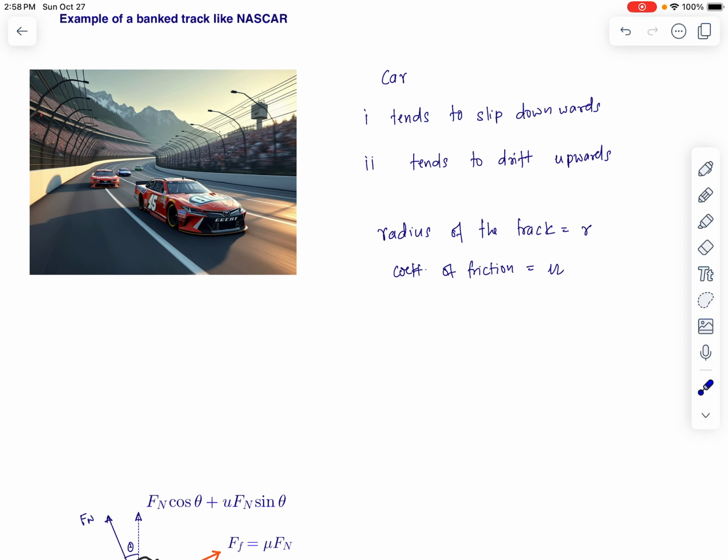If the car is going too slowly, it tends to slip down along the track, or it tends to drift up the track if it's going too fast. So there is a narrow range of velocities that are permitted for the car. We assume that the radius of this track is r, and the coefficient of friction is mu.